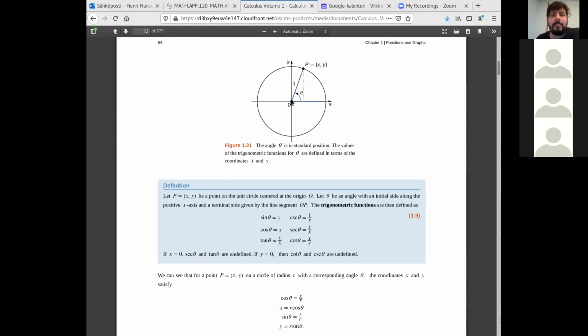That means that every point on that circle satisfies the equation x squared plus y squared equals 1. In fact, the square root of x squared plus y squared is equal to 1. You can see it also from the right triangle formed here, so that comes from the Pythagorean theorem directly.